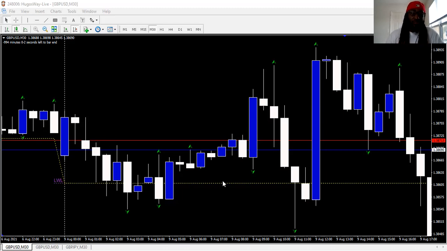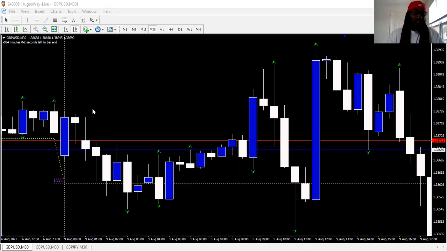This is also support and resistance, so I don't really consider it an indicator, but it's something you can just plug in on your chart. They have it on the MT4 platform, or you could just do it manually. I just have this indicator on here because it does it for me, so that's less stuff that I have to do.